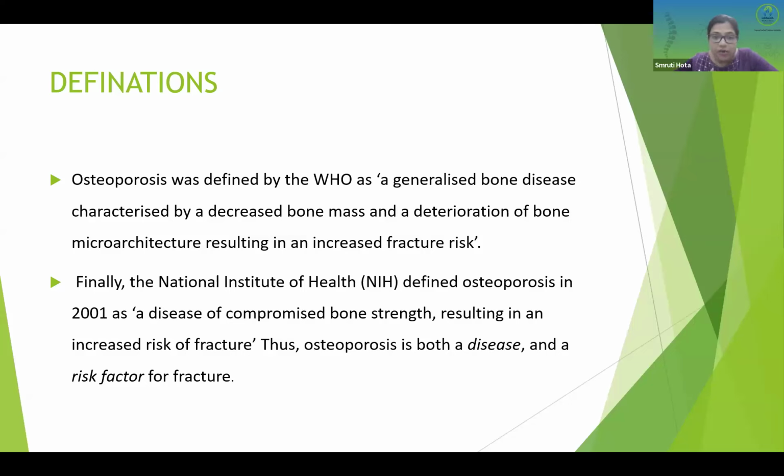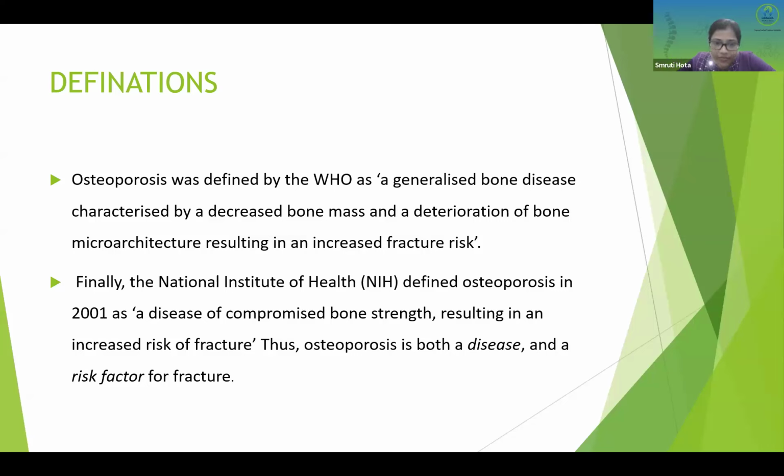And it is not just about losing bone quantity, it's about losing the quality of the bone. What comes under the quality of bone? Like architecture, the internal scaffolding of the bone, and that gradually starts to weaken. Later in 2001, the National Institutes of Health redefined it, and they described osteoporosis as a disease of compromised bone strength that leads to an increased risk of fracture.